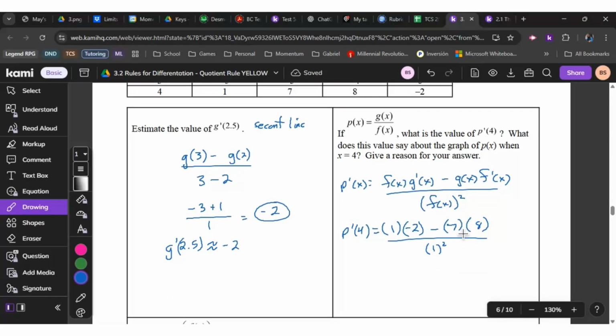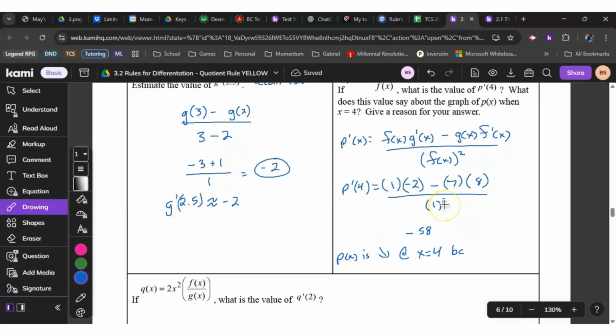If we put all that together, 1 times negative 2 is negative 2. 7 times 8 is 56, so negative 2 minus 56 is negative 58 over 1, so just negative 58. What does that say about p of x at that point? Since it's negative, p of x is decreasing at x equals 4, because we know that p prime of x is negative.